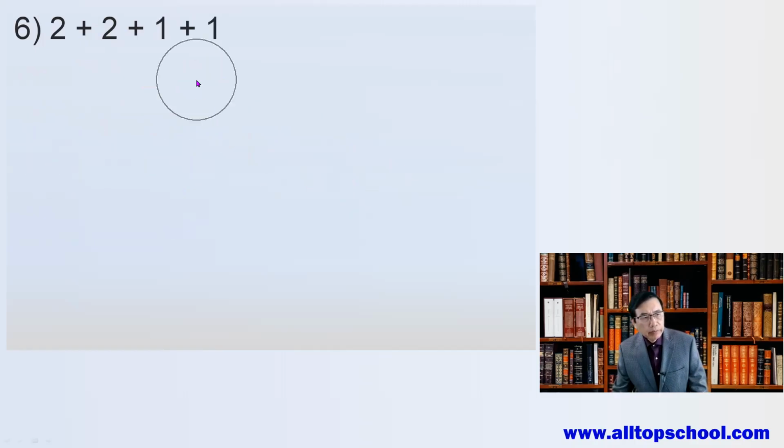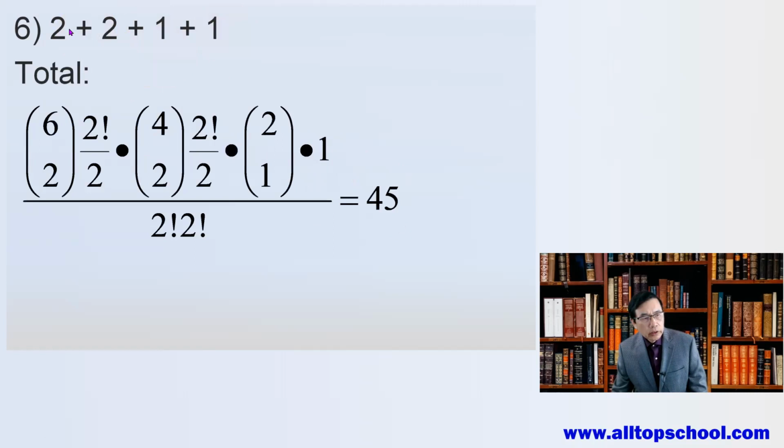The next one is 2 cycles of 2 and 2 cycles of 1. We get the result: 6 choose 2 for the first cycle, and the arrangement is 2 factorial over 2 for the cyclic arrangement. From the remaining 4, I choose 2 for the second cycle, with the same arrangement. Still have 2 numbers left over, I choose 1 for the third cycle, and for the last group only 1 number is left.